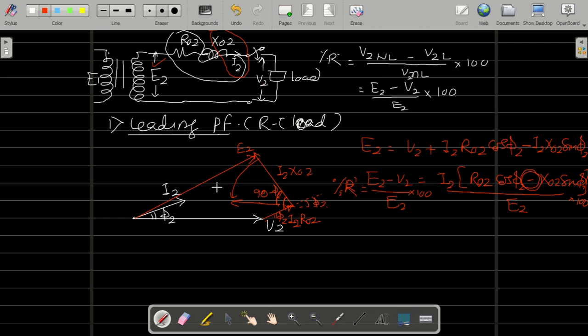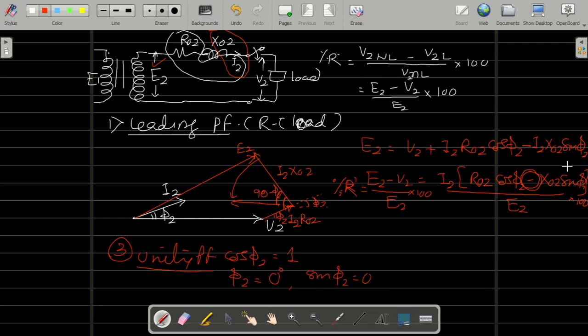And unity power factor. Please, I'm not going to take the third case in detail. Unity power factor load, nature of load is unity power factor. Cos phi 2 will be 1. So phi 2 equals 0 degree. So sin phi 2 will be 0, since sin 0 is 0.